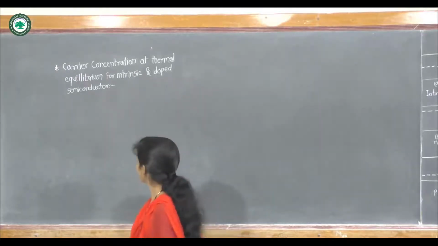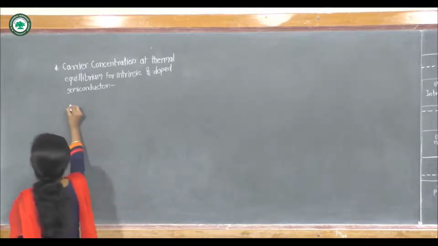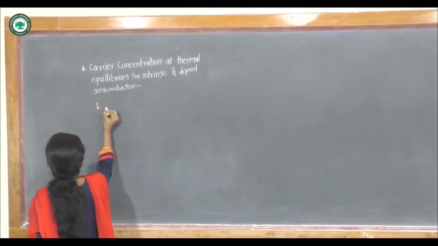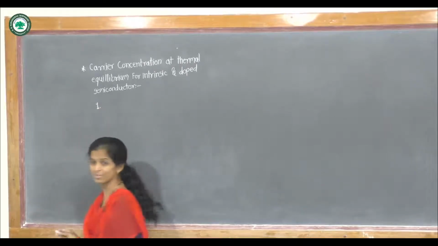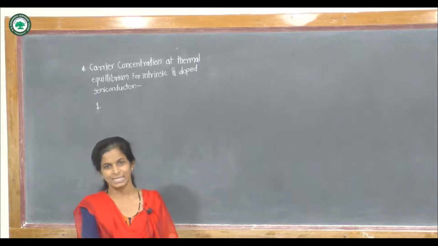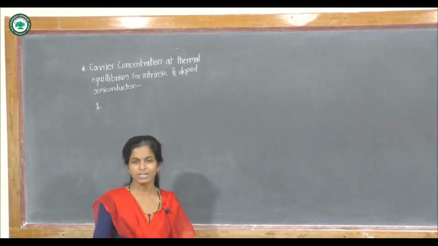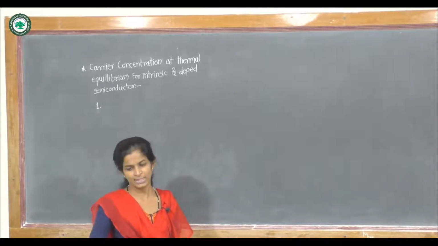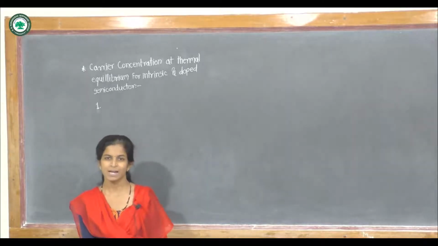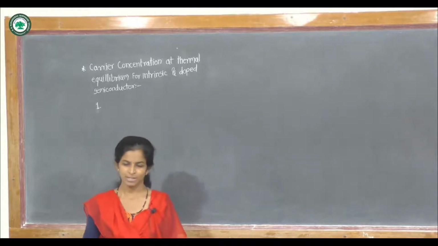There are some points that is why we need to understand this carrier concentration. The first point is when we are finding the electrical properties of semiconductor, we have to know the number of charge carriers per centimeter cube available within the semiconductor.